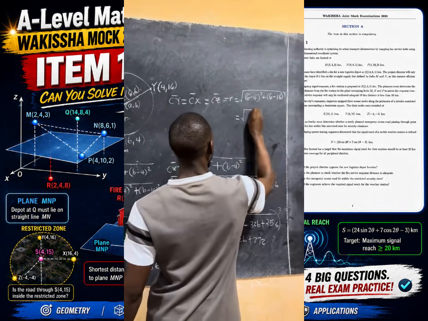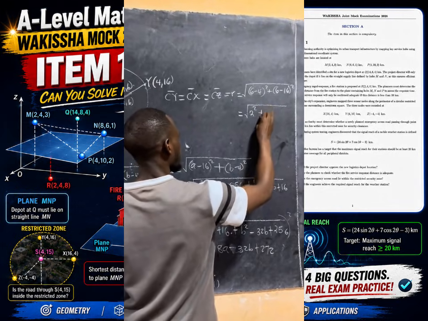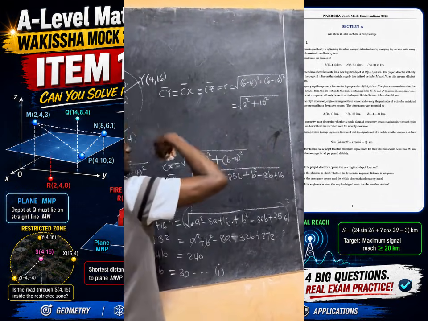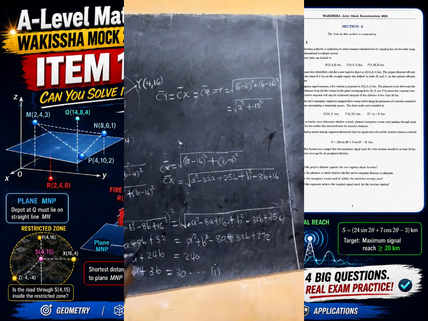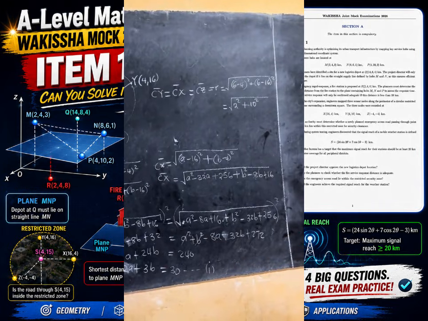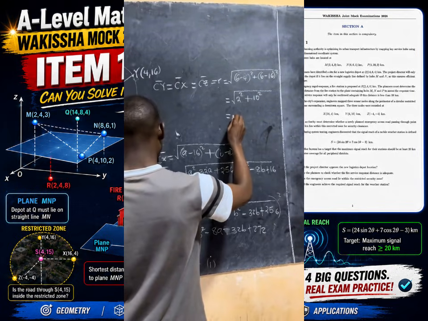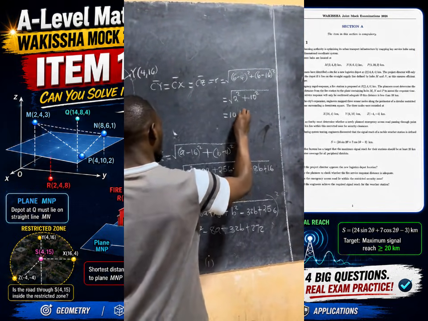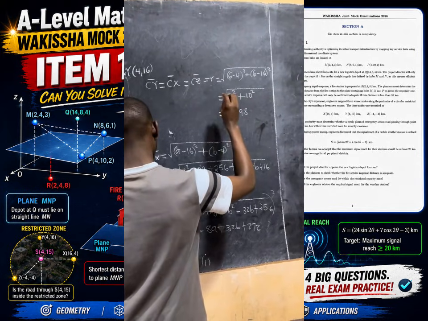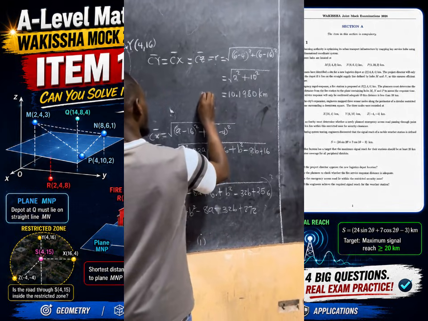This is the root of 2 squared plus negative 10, but when I square it, it becomes positive. So I'm having 4 plus 100, and the answer will approximate to 10.198 kilometers. So that is the radius.